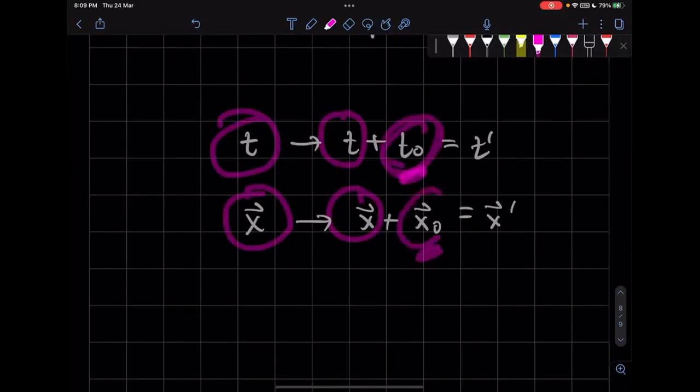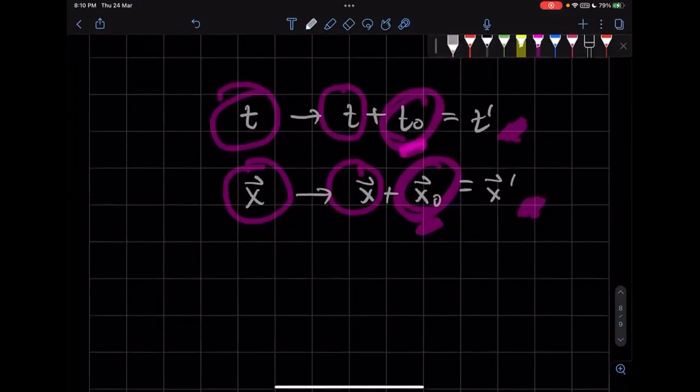Yeah, but the parameters are chosen from R4, right? I mean, the resultant T prime and X prime, we are still measuring the distance using the Minkowski metric. So is this idea that translation like this won't change our metric, so we're good to go with R1,3 again? Yeah, exactly. It's still taking us to R1,3. So I didn't get the R1,3 part, like R4 and R1.